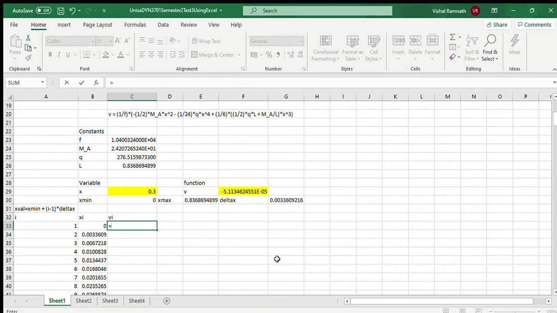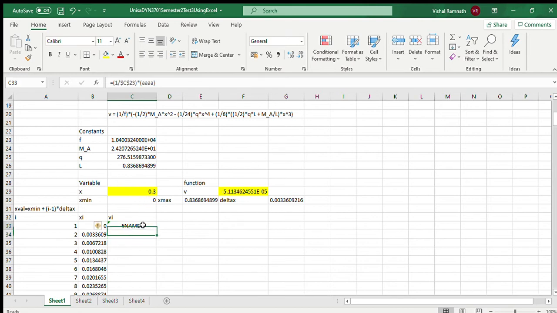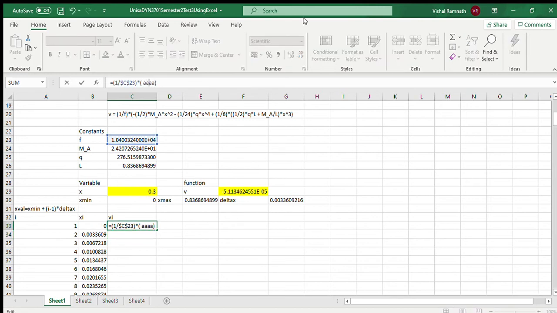So that would be equal to open bracket, 1 over F, which is C23, close the bracket, times, open, put some stuff in there, close it, and now I'm going to edit the formula in my own time.